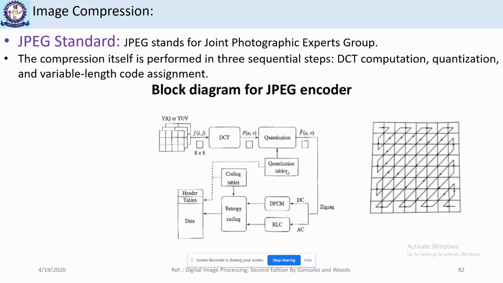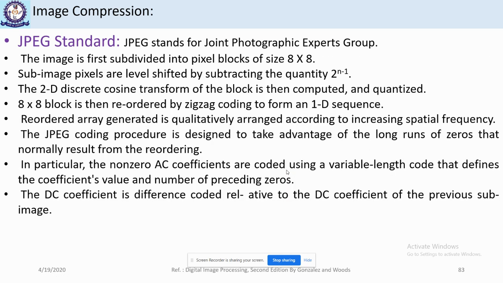Now moving forward, these are the outlines of the JPEG standard. The first step is that the image is subdivided into pixel blocks of size 8 cross 8. This we have discussed.